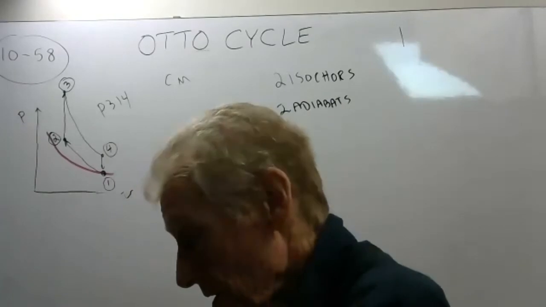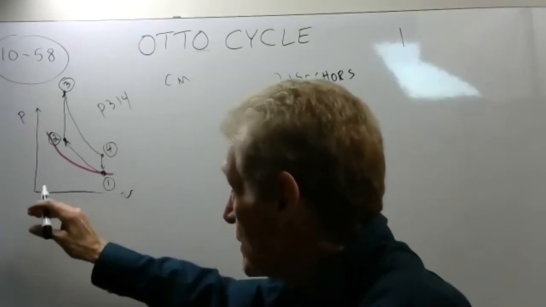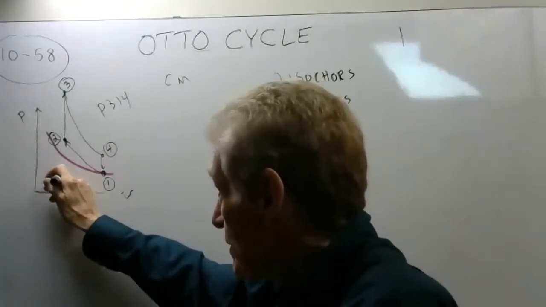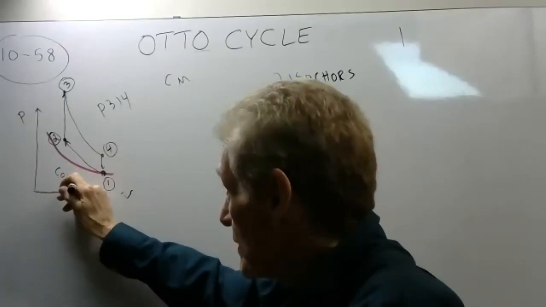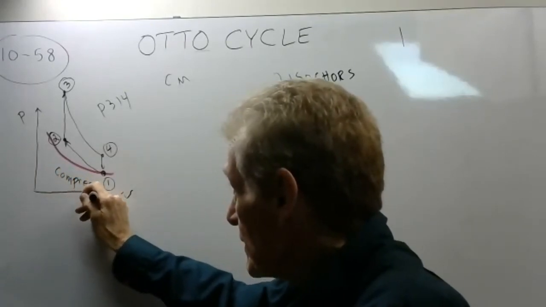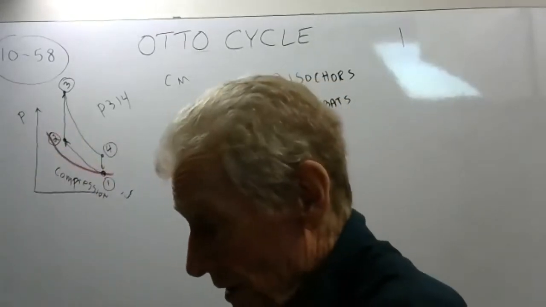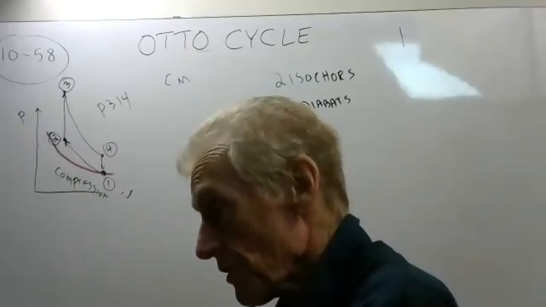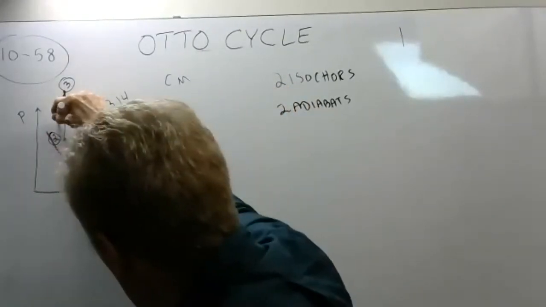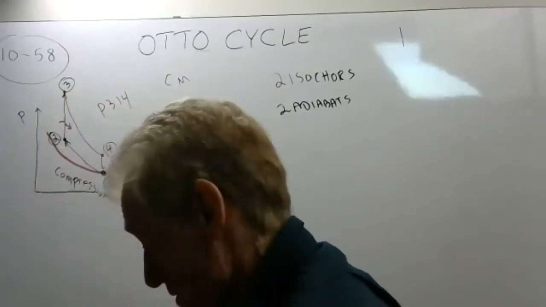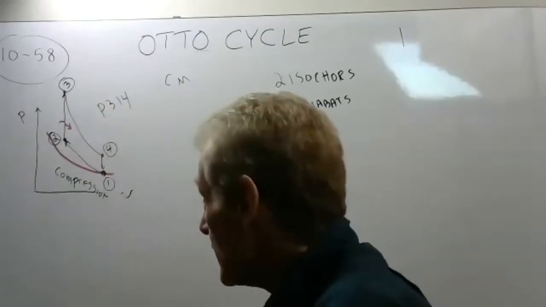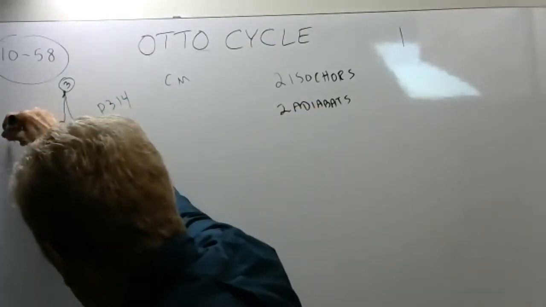And see what this is, this is your compression stroke. That's compression. And this is the ignition. You have a heat transfer in. You're burning gasoline, actually. That's what makes it hot. And that's ignition.